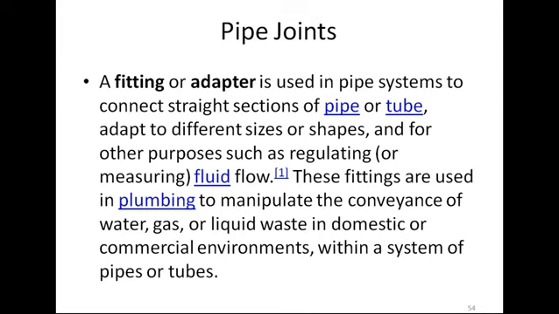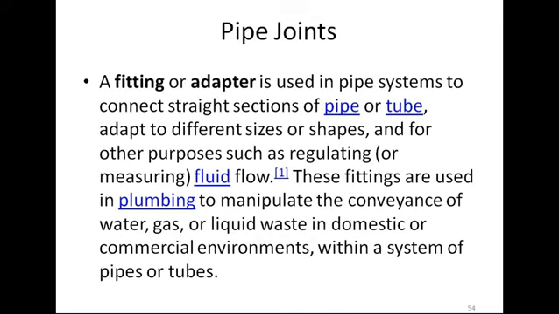So pipe joints are needed because we want to transfer a liquid or a gas from one place to another place. For liquid or gas transfer, we are required to use pipes.